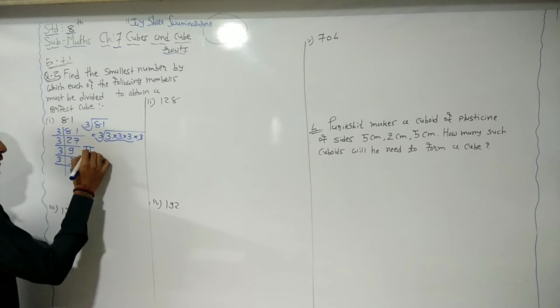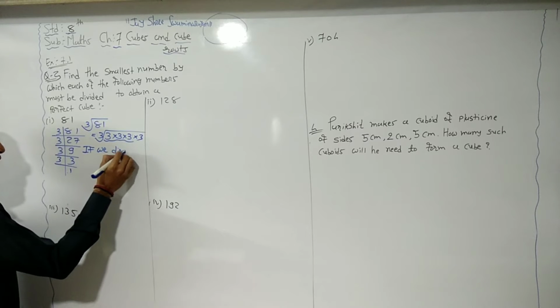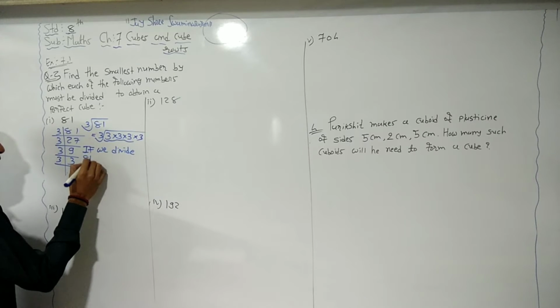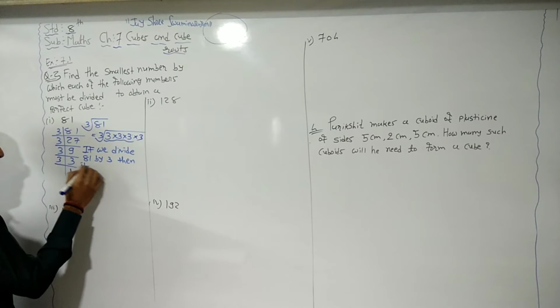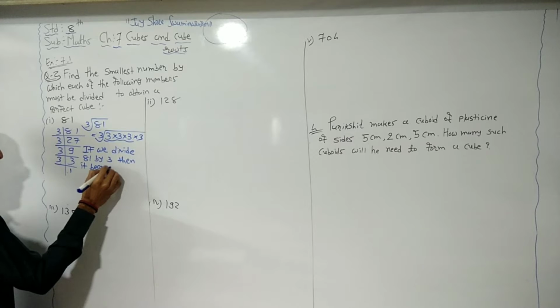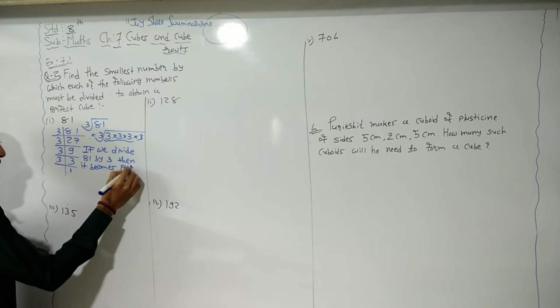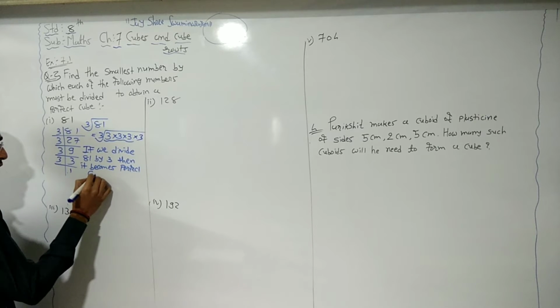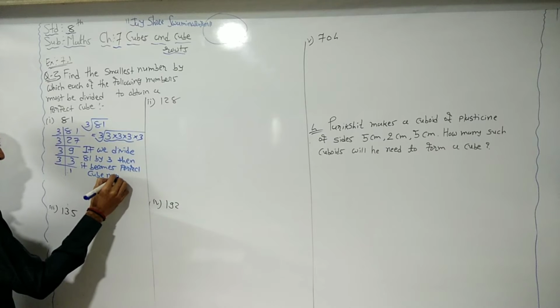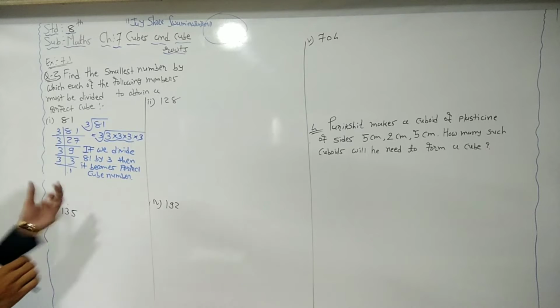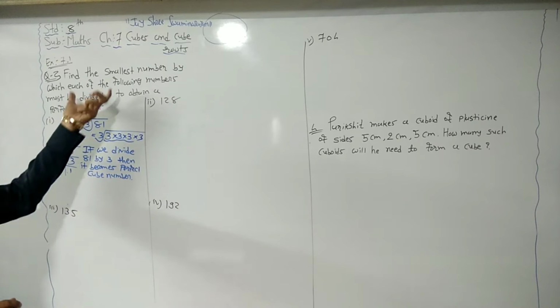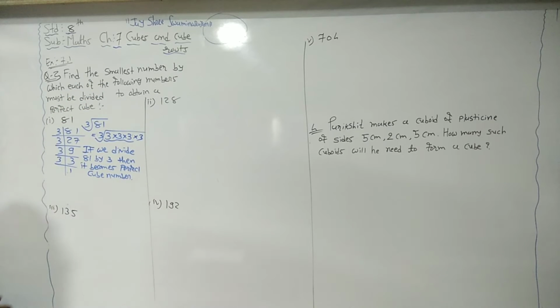So if we divide 81 by 3, then it becomes a perfect cube number. Our question is to find by which number we need to divide so this number becomes a perfect cube number, so it is 3.